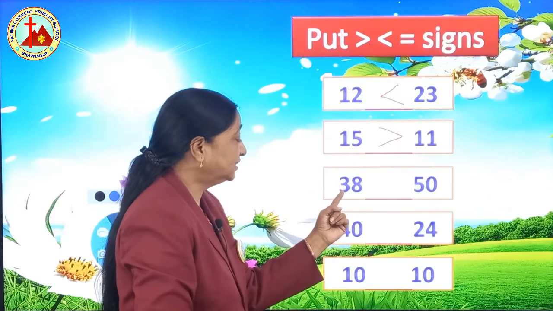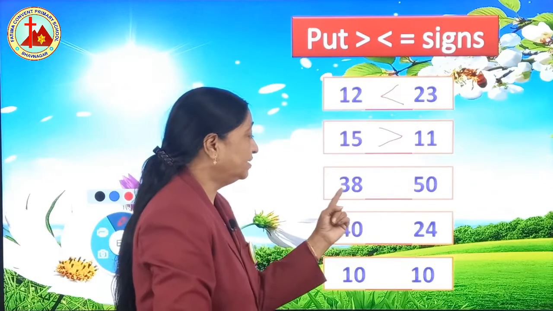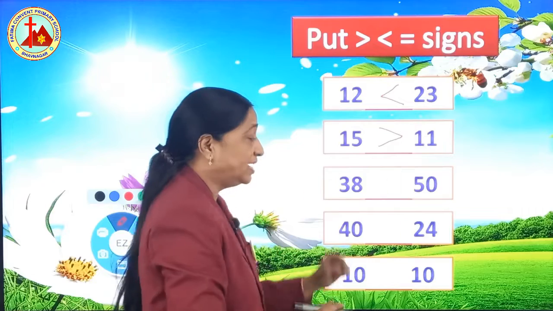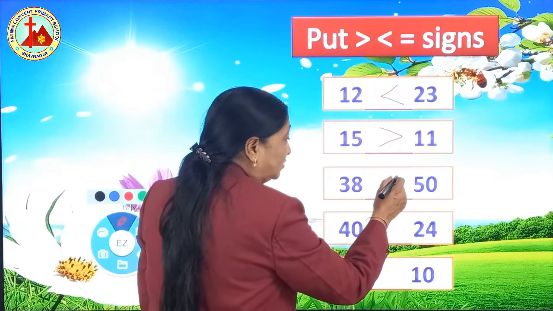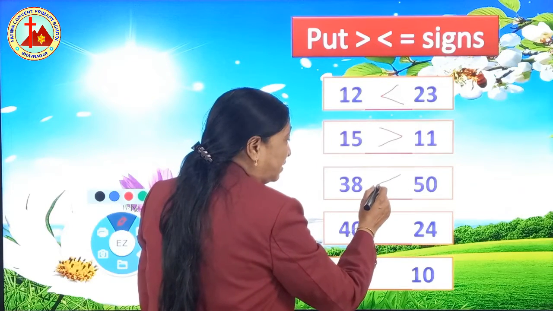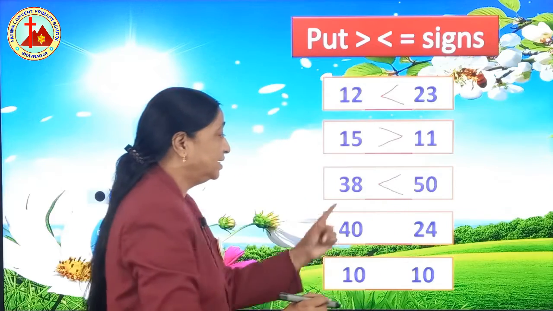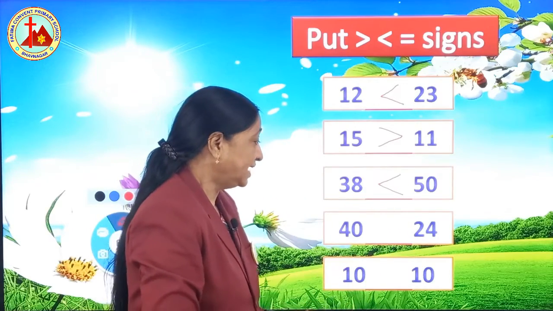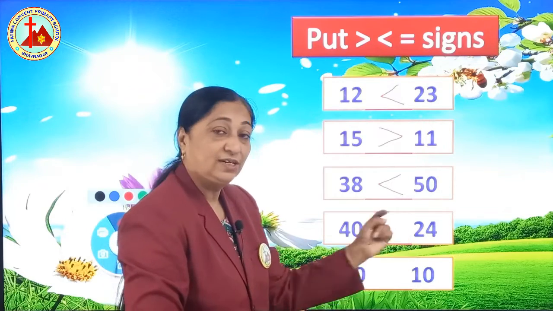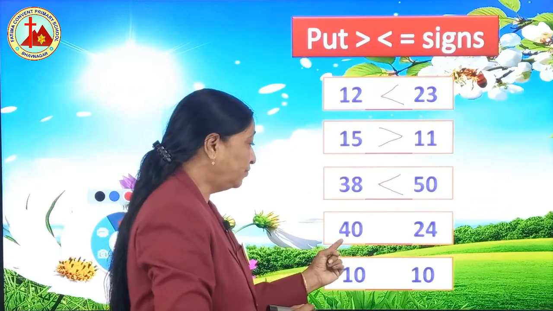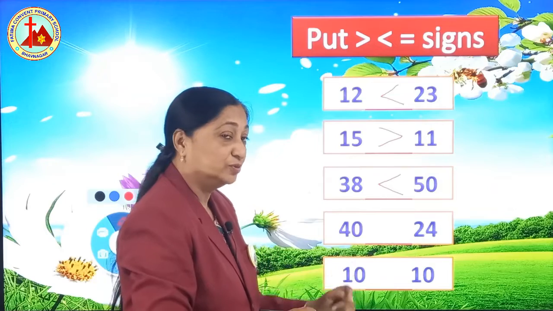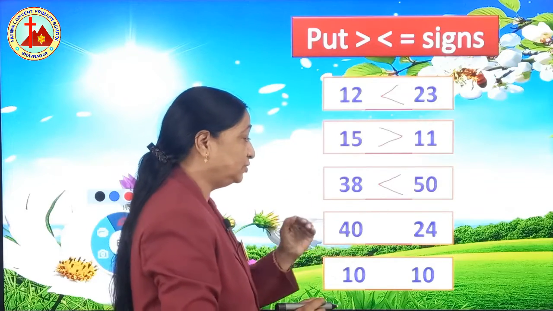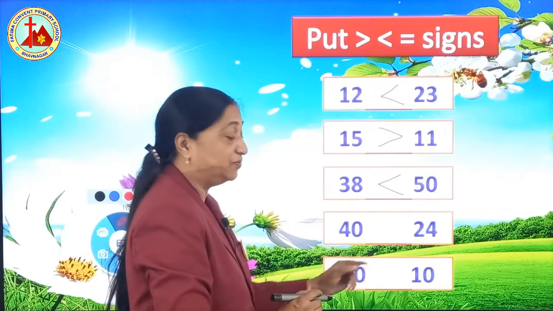Now the next is 38 and 50, 3 and 5. So 3 is less. So the closed mouth will be towards the lesser number. 38 is less than number 50. Now the next is 40 and 24, number 4 and number 2. So when you say from 1 to 10, which number will come first?